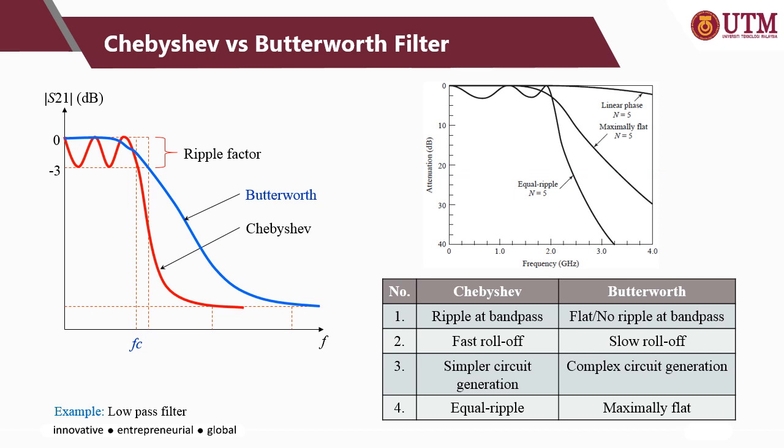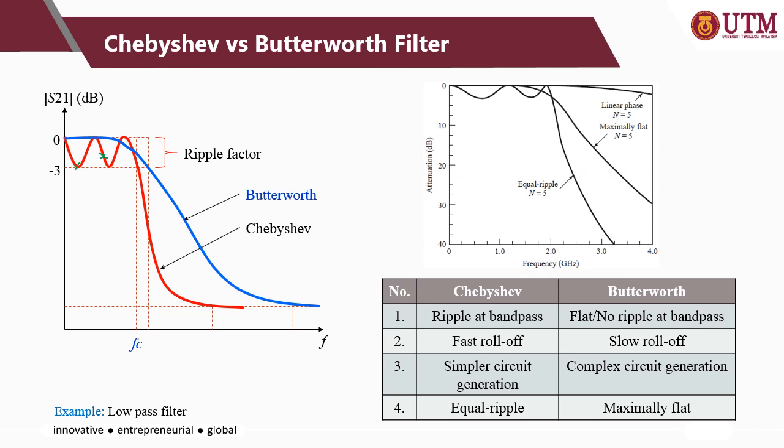So the red lines represent the Chebyshev filter response, while the blue lines represent the Butterworth filter response. The characteristics of the Chebyshev and Butterworth are listed in the table.